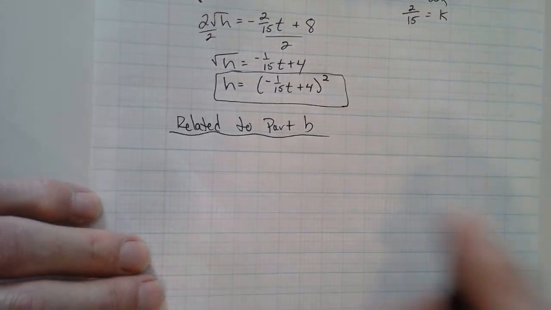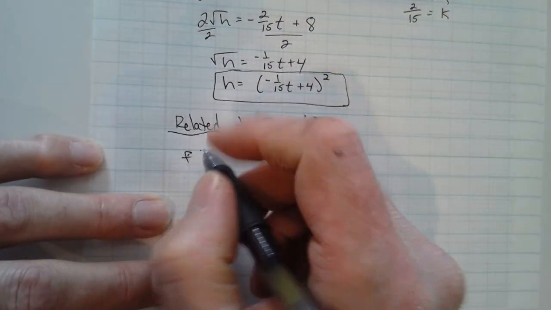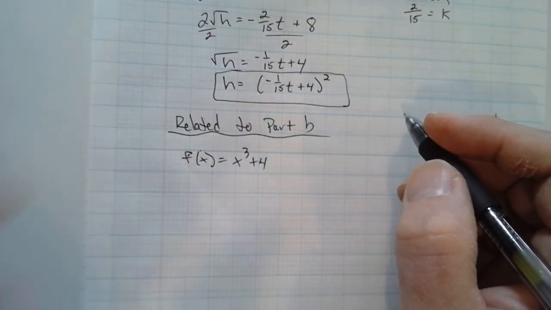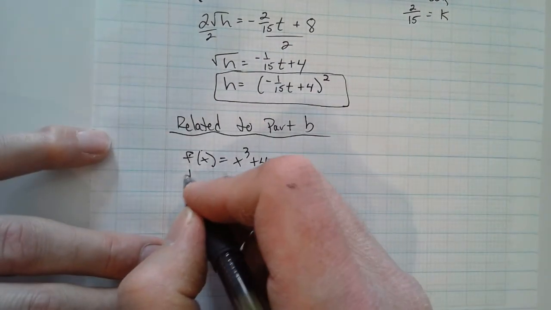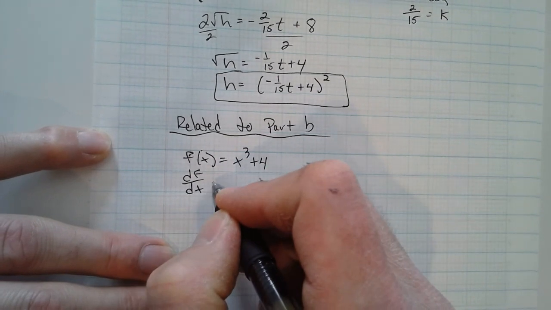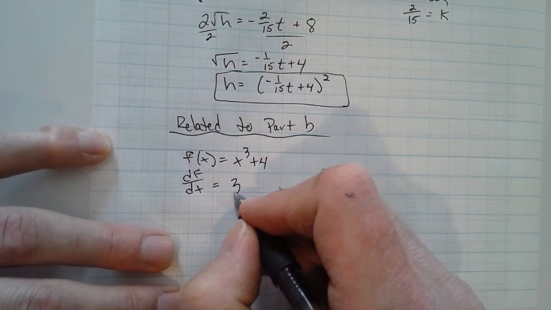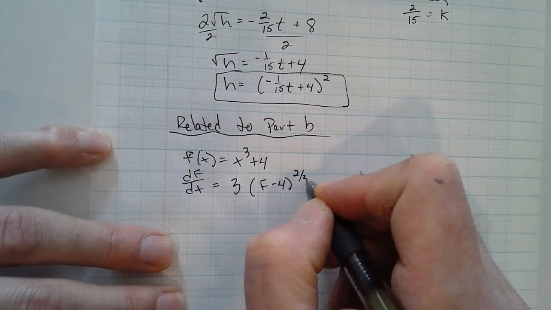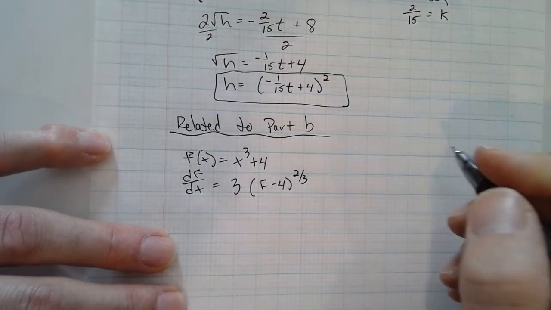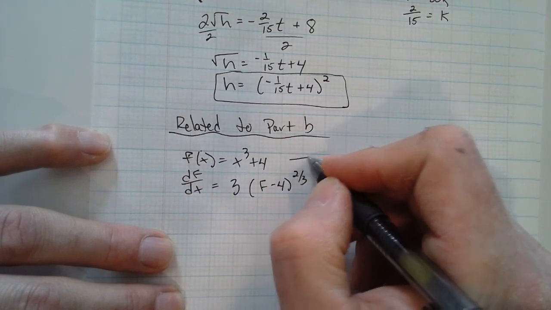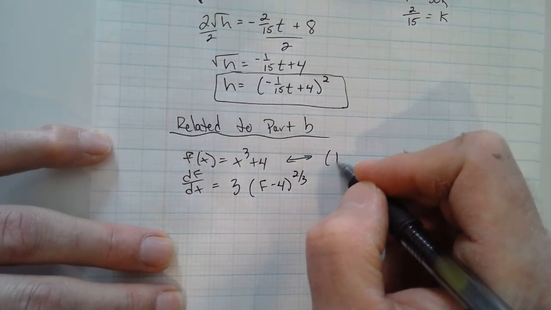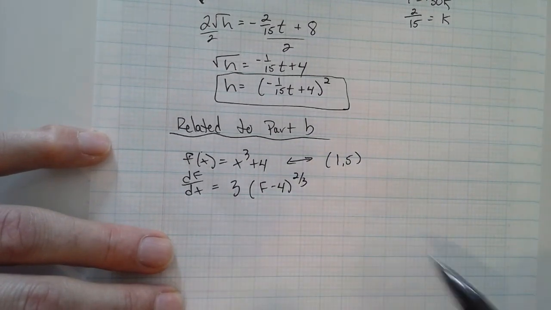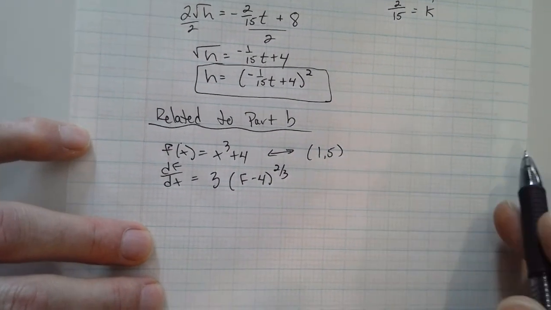Let's say that f of x is x cubed plus 4, and df dx equals 3 times (f minus 4) to the 2/3. And let's say our initial value is 1, 5. See if this satisfies this differential equation.